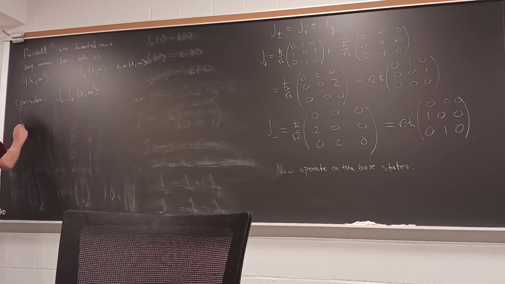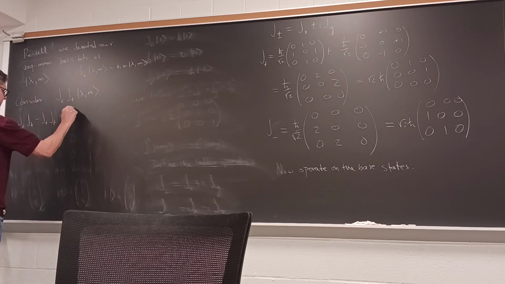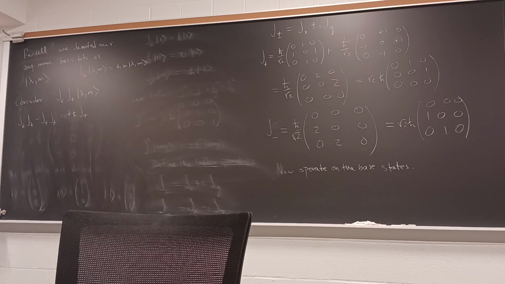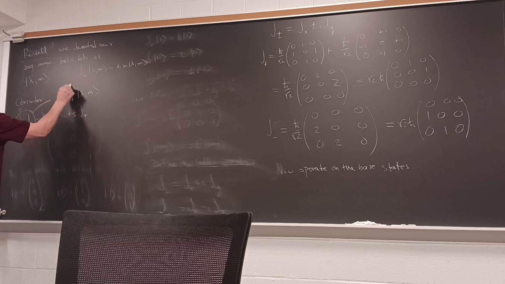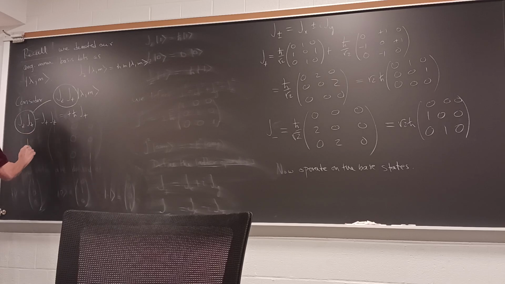We just found that jz j plus minus j plus jz was equal to plus h bar times j plus. Okay, so the only thing we can do is substitute this in here. So just solve this thing for jz j plus.